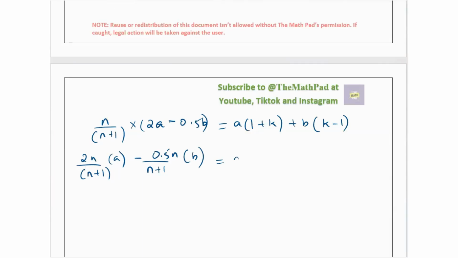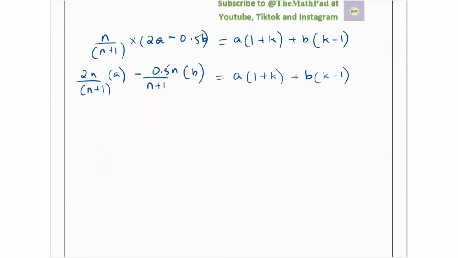And that's a times 1 plus k over here, plus b times k minus 1. So we put the coefficients of a equal to each other and b equal to each other. So 2n over n plus 1 is equal to 1 plus k, and negative 0.5n over n plus 1 is equal to k minus 1.